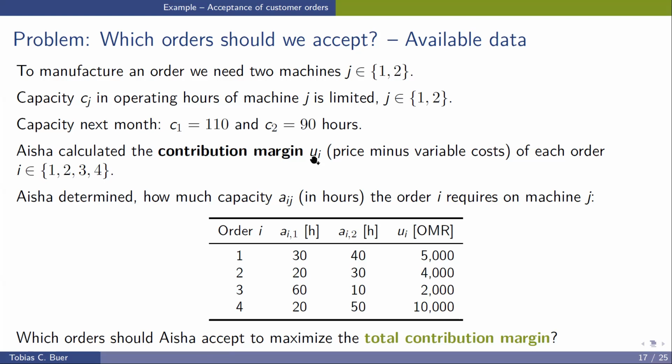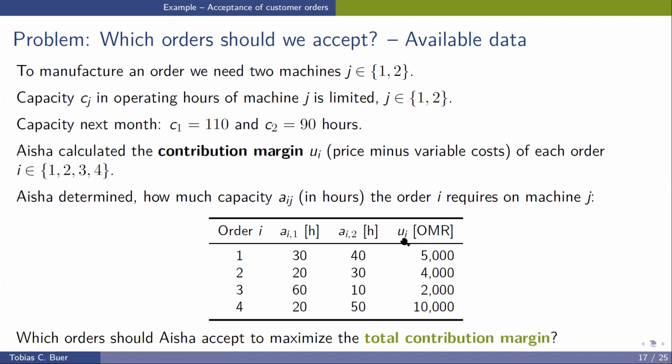And Aisha already determined how much capacity an order i requires on machine j. So in the rightmost column of this table, we have the contribution margin u, and we have a value for each order. We have 4 orders.